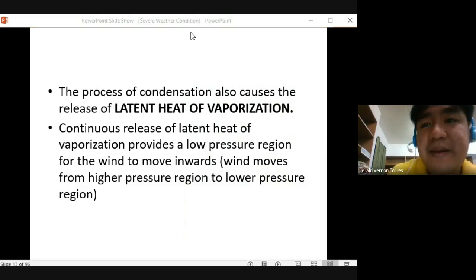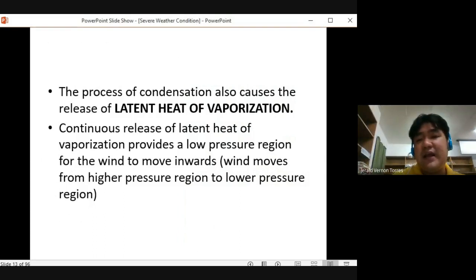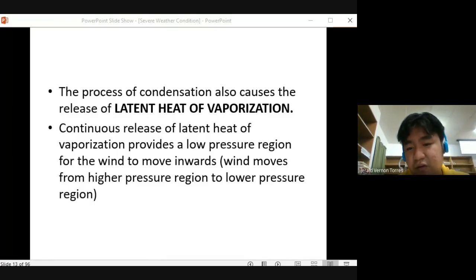Now, what will happen? Mangyayari, class, remember na, ano ba ang condensation? Is it an endothermic or exothermic process? Sige nga, class. What is condensation, class? Endothermic or exothermic? Anyone? Anong condensation, grade 12?